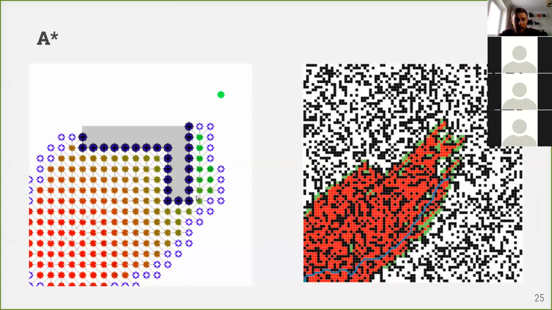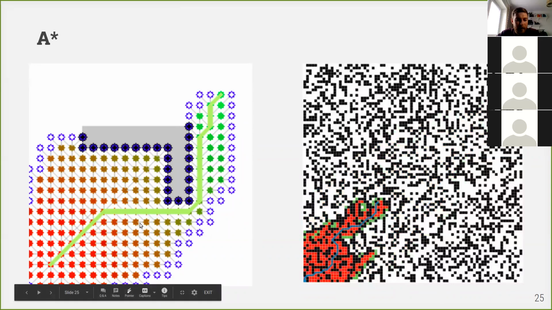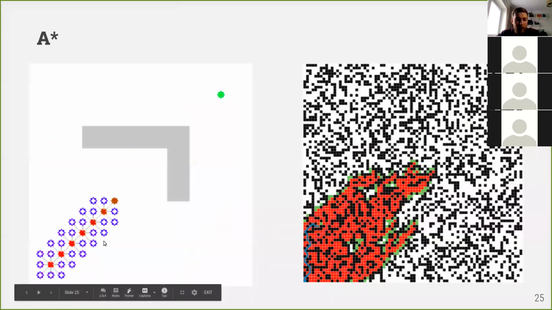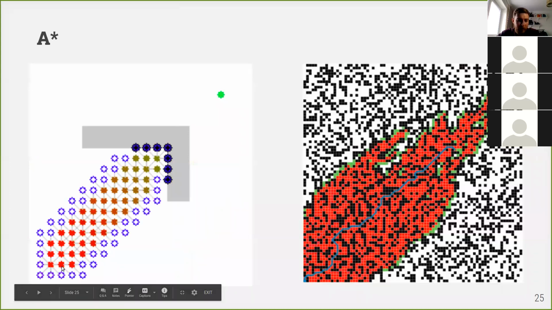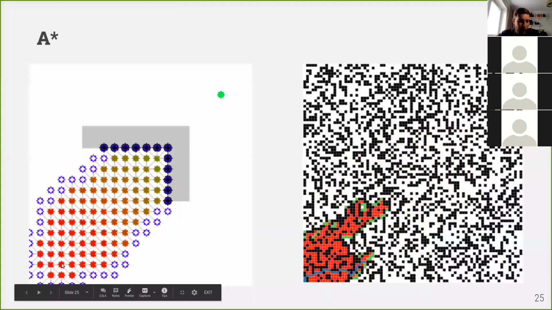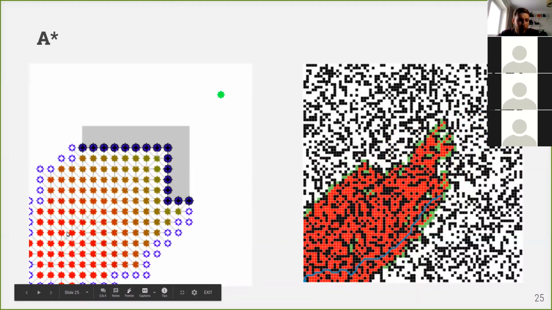So what theta star does is say that in our graph we can connect any cells which are on a straight line and do not have obstacles between them. If these two nodes do not have obstacles on their way, why don't we connect them and move straight?